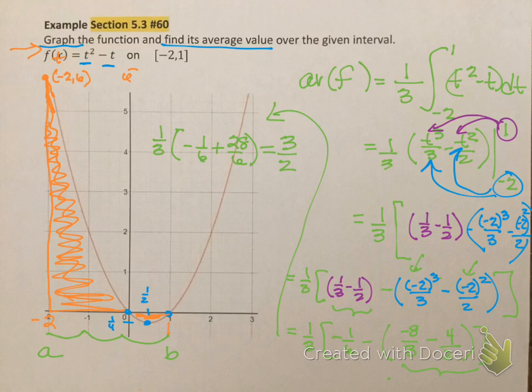The average value of this function means that, let me use red, between -2 and 1, the average value of this function is 3/2 or 1/2 square units per unit of x.